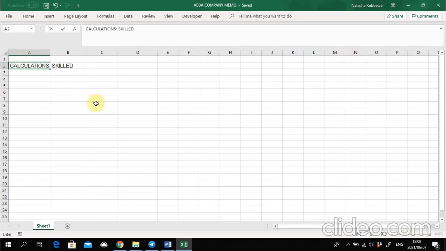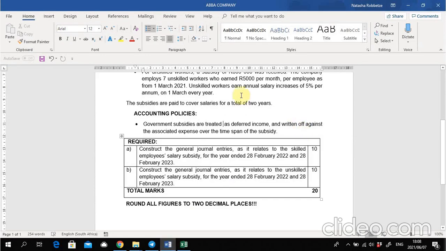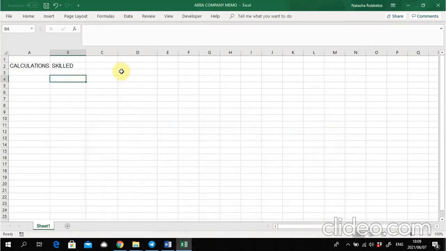So the first thing that I want to do is remind myself that we should be funding 2 years, right? They tell us in the question 2 years need to be funded, or this grant or subsidy needs to be used for 2 years. So I know my year 1 runs from 1 March 2021 to 28 February 2022.